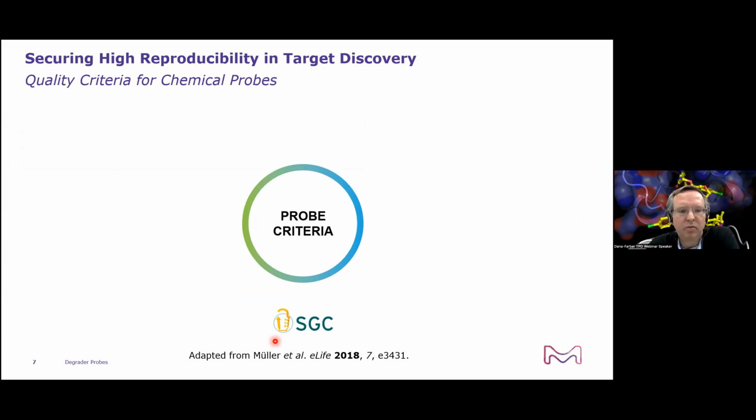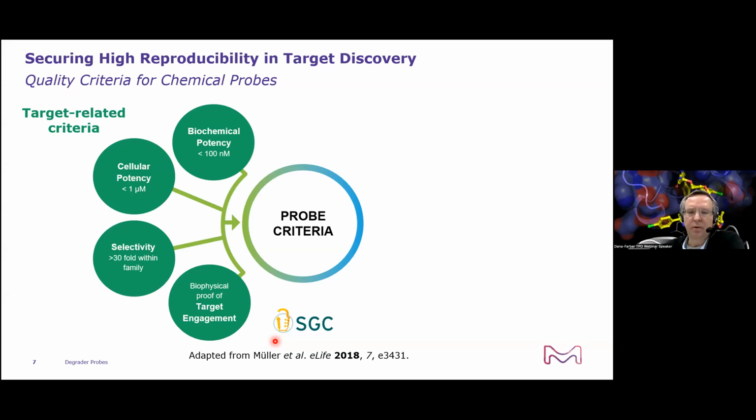I'm going to use a bit of time now to go through a set of criteria the SGC has been using, optimizing over quite a long time, and has now successfully applied to a significant number of public domain chemical probes. And this is important to then discuss what elements of these quality criteria should also be applied to degraders. So from a big picture, these criteria fall into 2 categories.